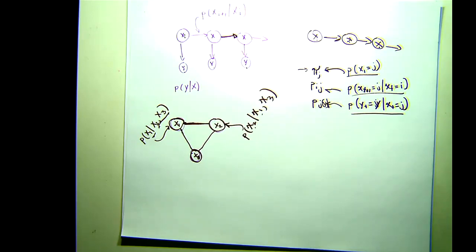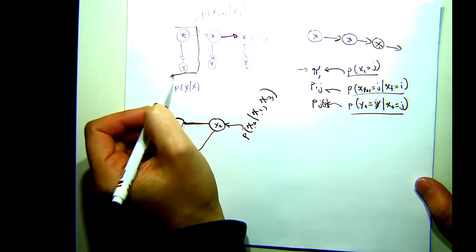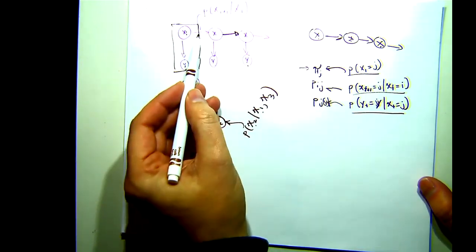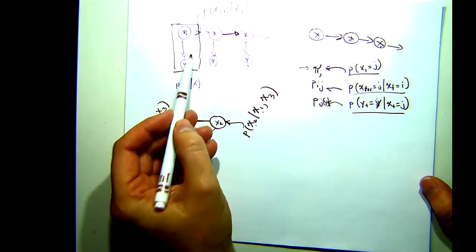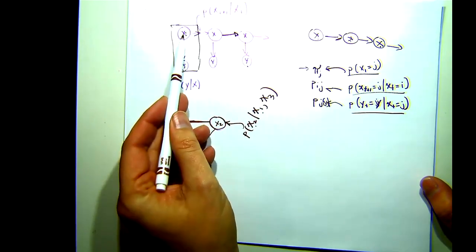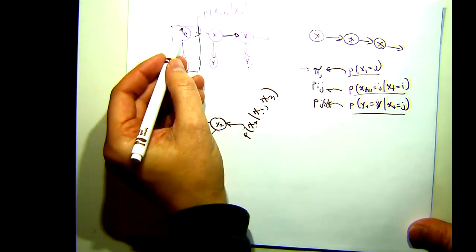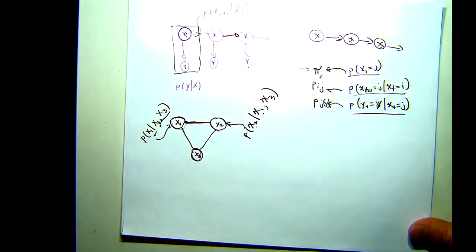Well, what an HMM really is, is this repeating pattern. When we're talking about an HMM, this is the part that is repeating over and over, right? So it's X1 goes to X2, goes to X3, for whatever length you want. So what you do is you unroll this to form the trellis.